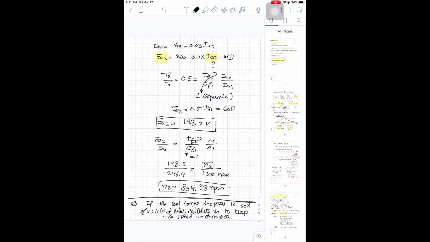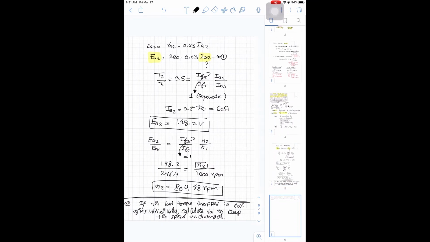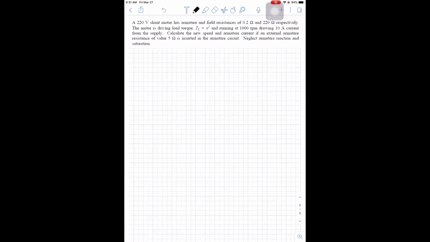Now let's add another page here. Now we will solve another problem. What we have here is a 220 volt DC shunt motor, which has an armature and field resistance of 0.2 and 220 ohms.